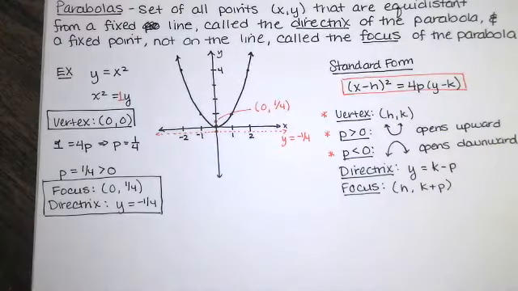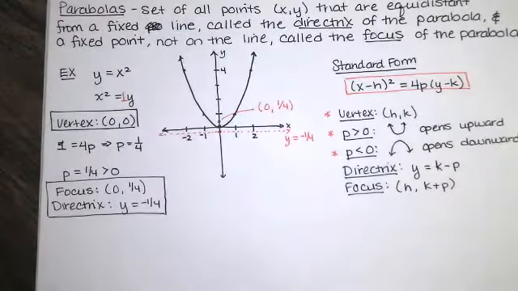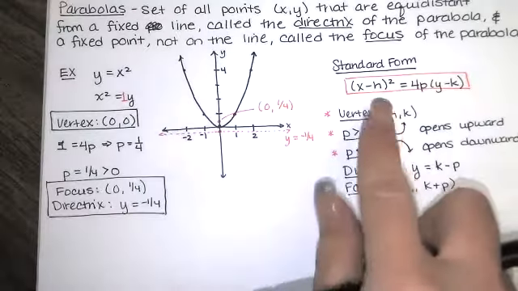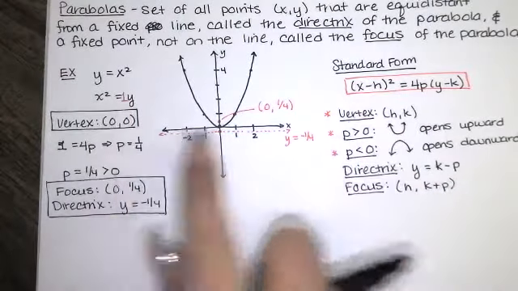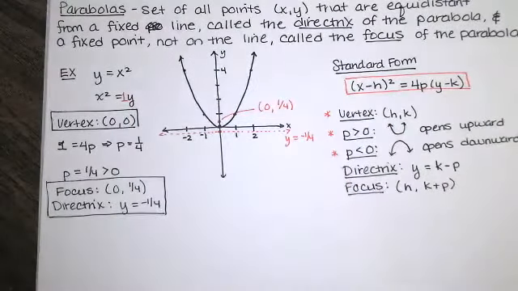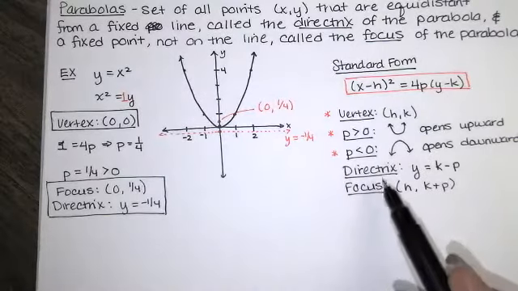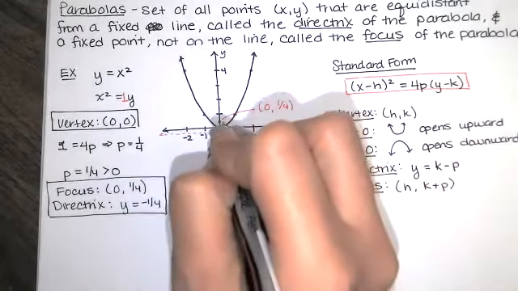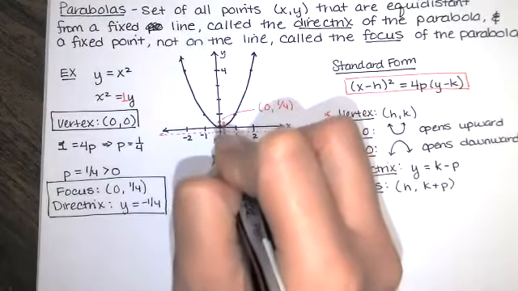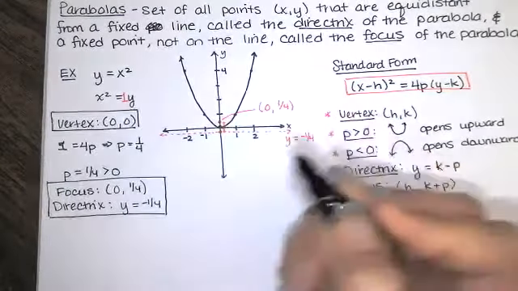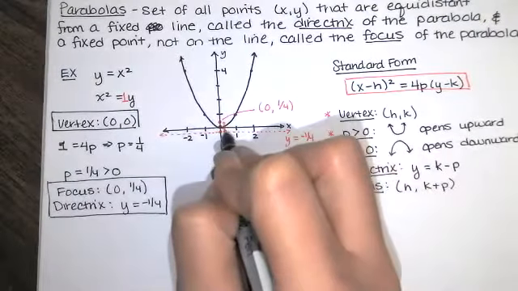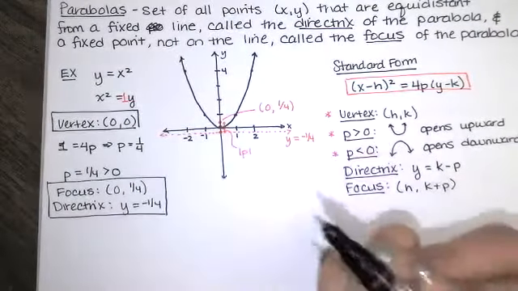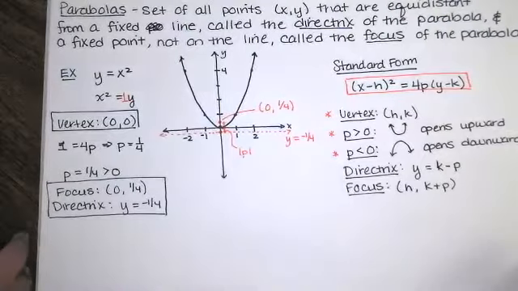We already know what that looks like, but this is a really good starting point. It's a good place to start practicing, trying to write our equations in standard form and then identify the vertex, the p-value, the directrix, and the focus. And remember, this distance from the vertex to the focus is the absolute value of p. It's very small here, but that distance is the absolute value of p.